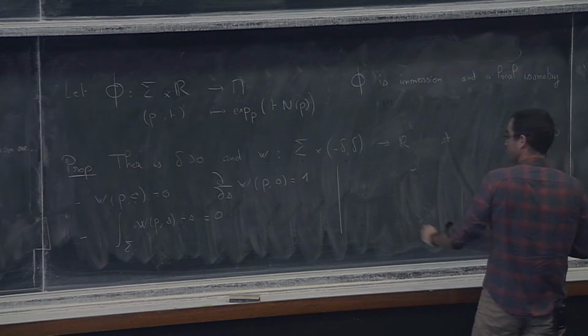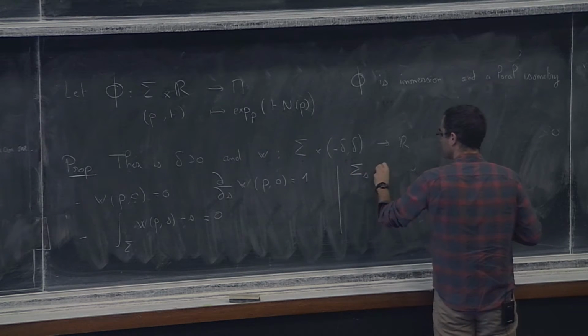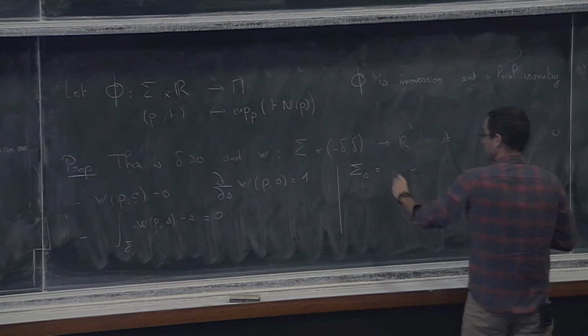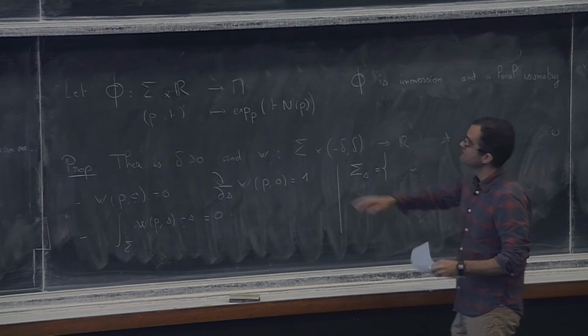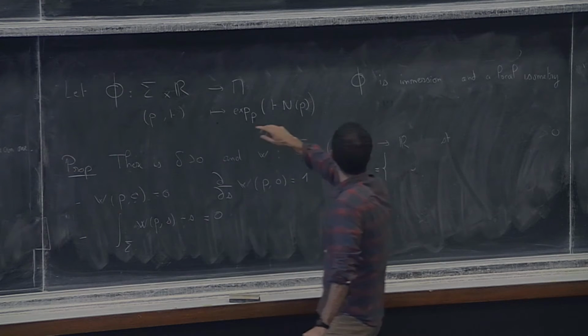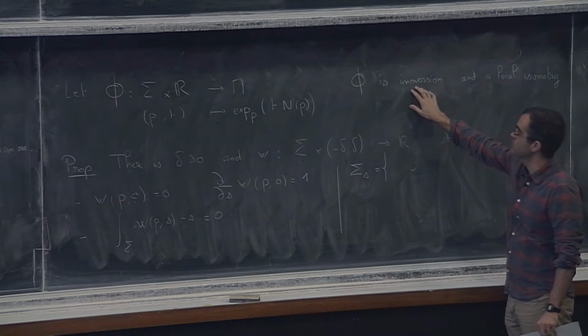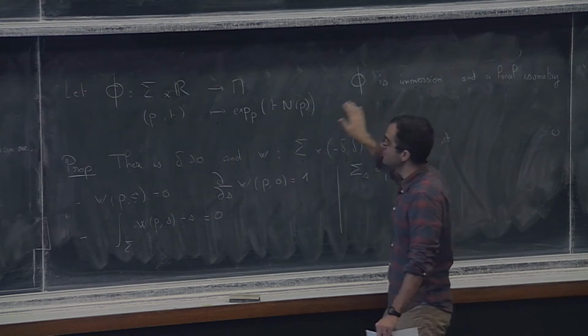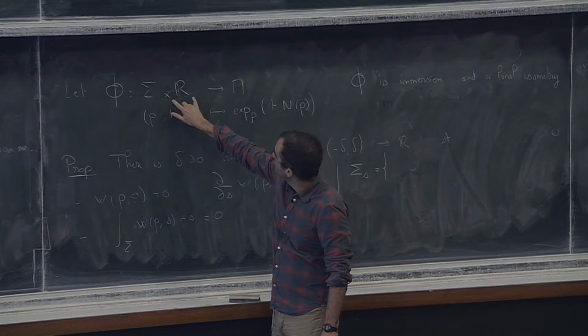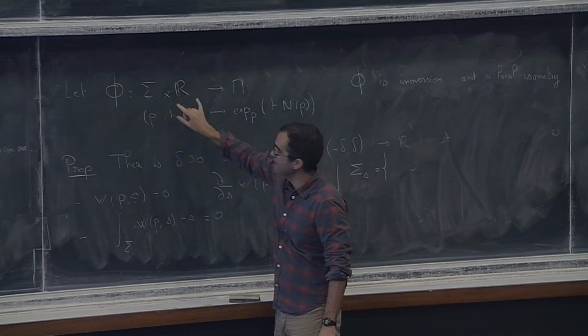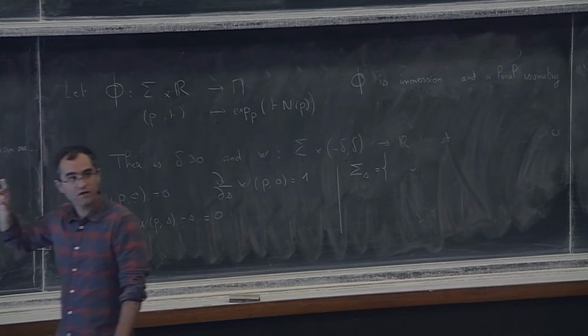And moreover, you assume that sigma sub s, which is just the set, yes, this a priori is not an immersion in the whole space, but you can be sure that it's an immersion on sigma times (minus epsilon, epsilon), okay?